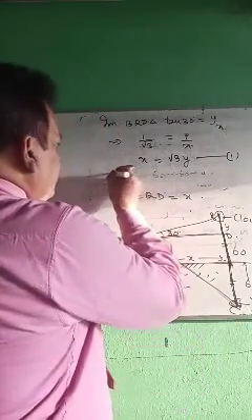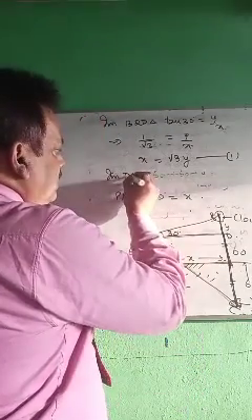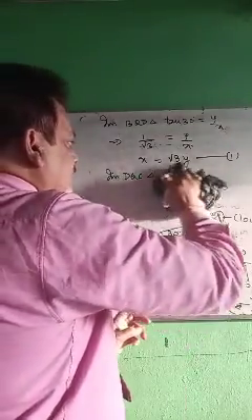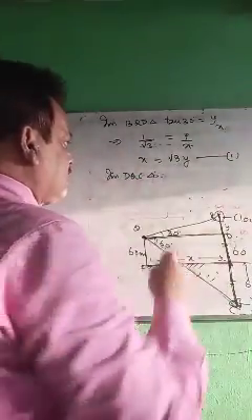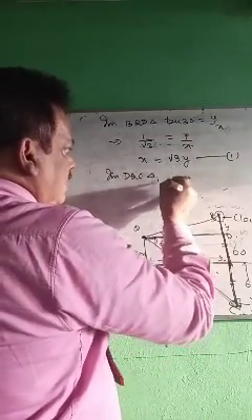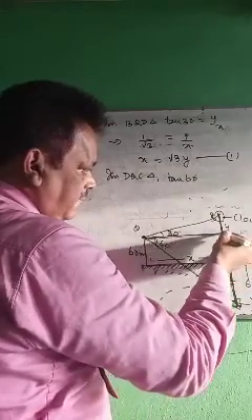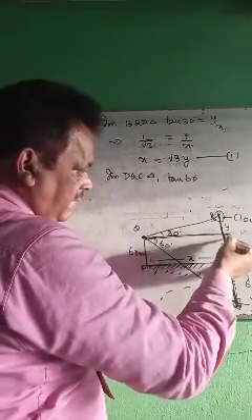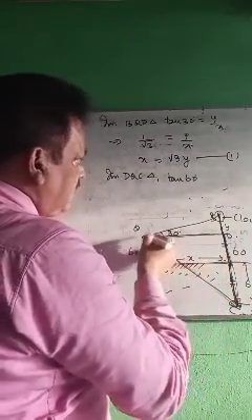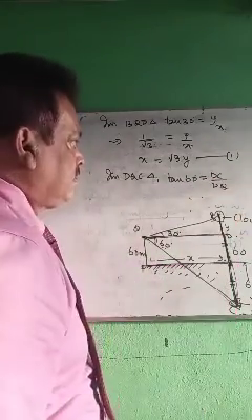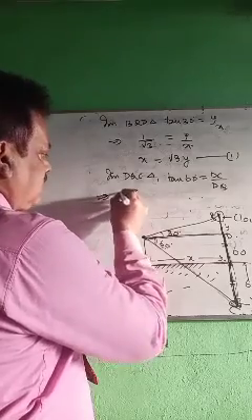Okay. Back to this one. DQC triangle. Tan 60 is perpendicular by base. That means DC by DQ. Tan 60 is how much?